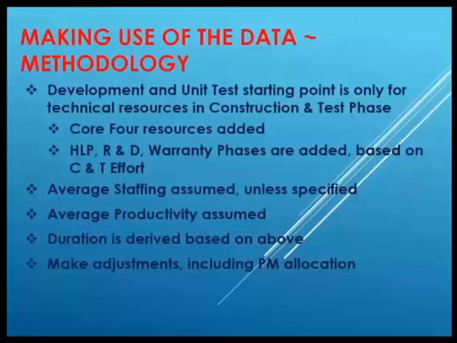After we start coming out with that sort of output, you can make adjustments, including the project manager allocation. In our organization, we always want to have a full-time project manager or a half-time project manager, nothing else in between, or possibly more than one full-time.